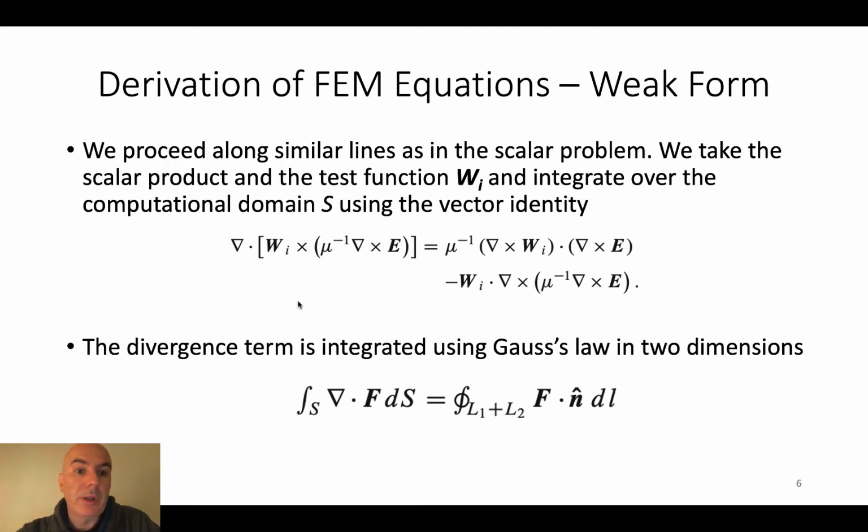We also employ the Gauss law to work out this term here. Basically the integral over the volume of the divergence of the vector f is equal to the flux of this quantity through the enclosing surface.